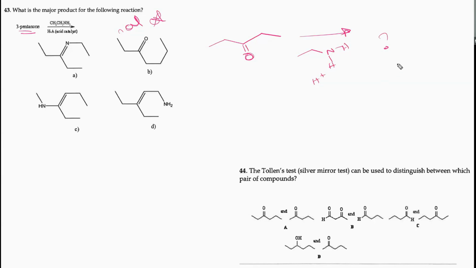So it is what we call an imine. This is an amine. Imine means you have a nitrogen with a double bond.